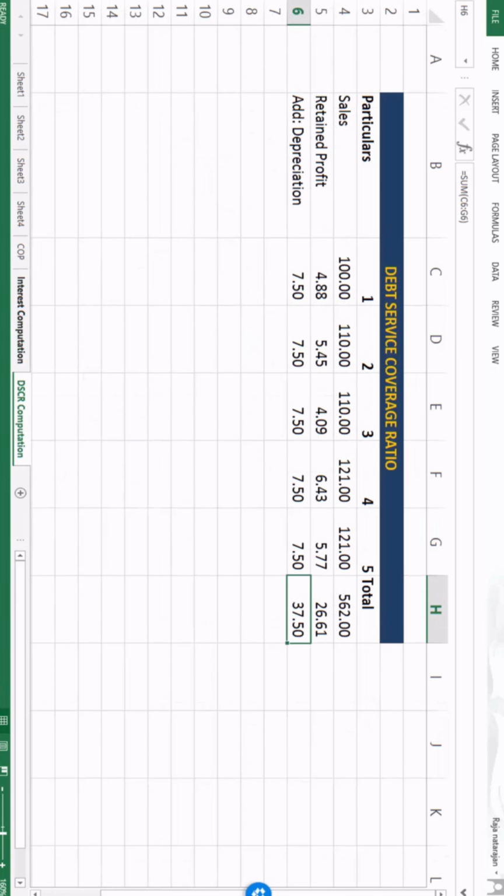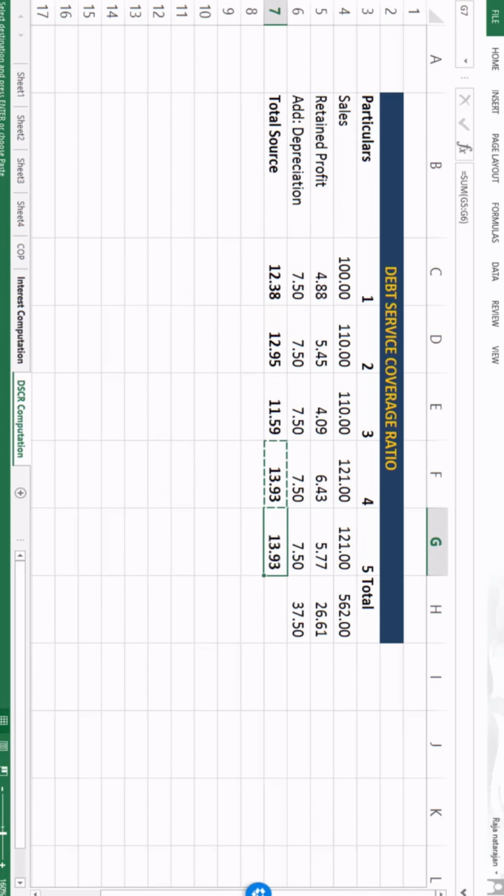So you have 37.5 and this is the retained profit, and if I add these, that is depreciation and retained profit, I get a number. I'm going to call this total source, and it is 12.38, 12.95, 11.59, 13.93 and 13.27, and in total it is 64.11.